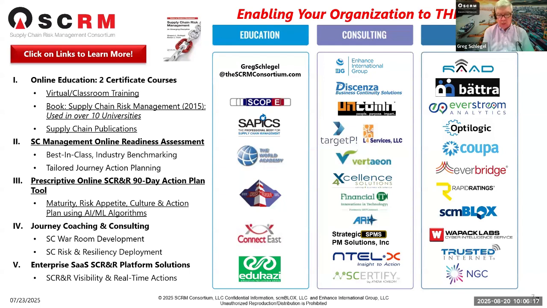We have another tool, the supply chain risk and resiliency assessment tool, mainly regarding risk, and it looks at your risk maturity level, your company's risk appetite, and your company's operating culture. The first element of that is free. You can evaluate where you are on our 5-stage model for free, going to the website under that particular assessment tool. And again, we do coaching and consulting, and we have a host of heavy hitting platform solutions that support track and trace and supply chain risk and resiliency. All right, back to Chris.